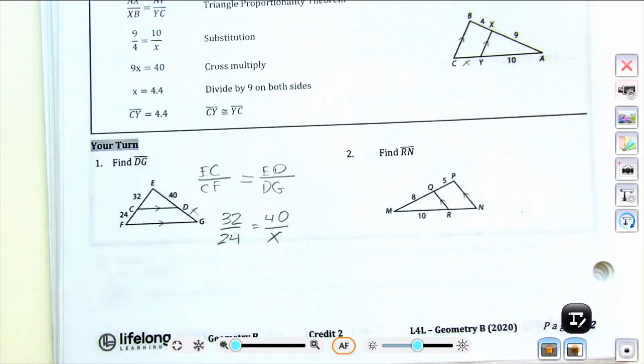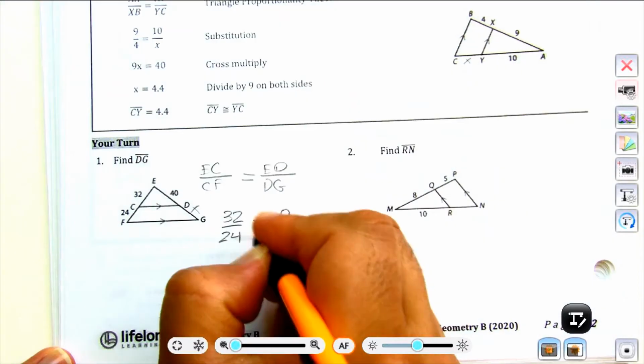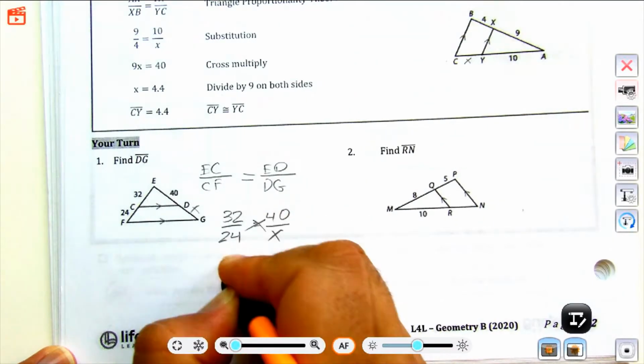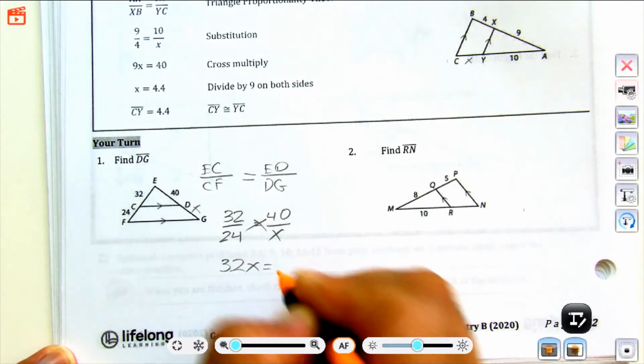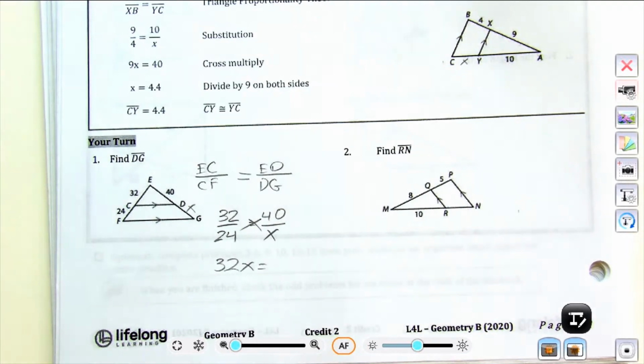Then if you cross multiply, 32 times x is 32x, and 24 times 40, let's find out what that is. So that's 960.